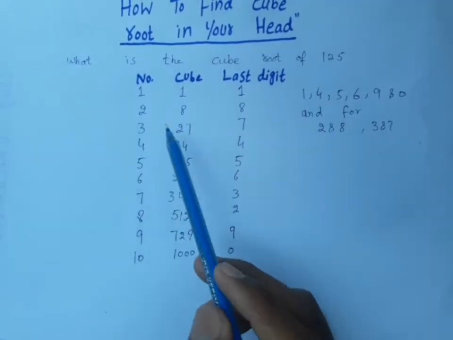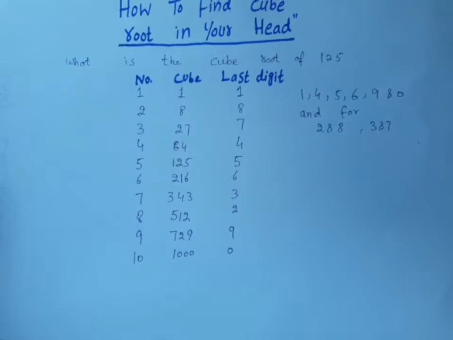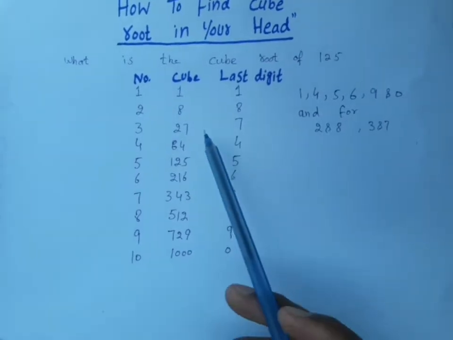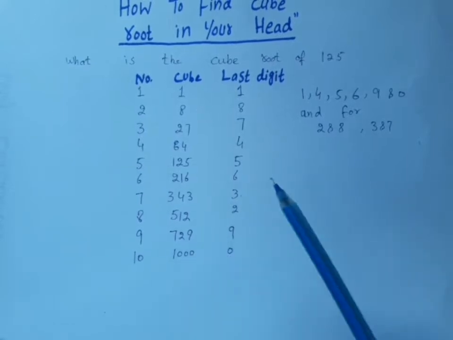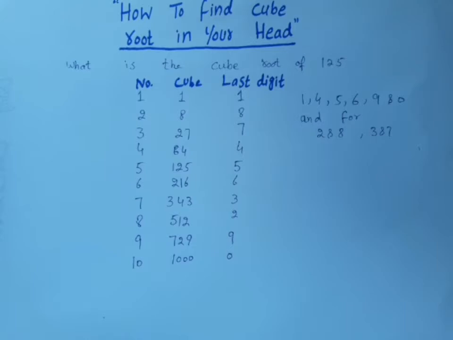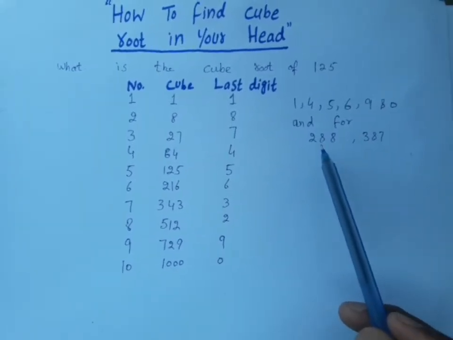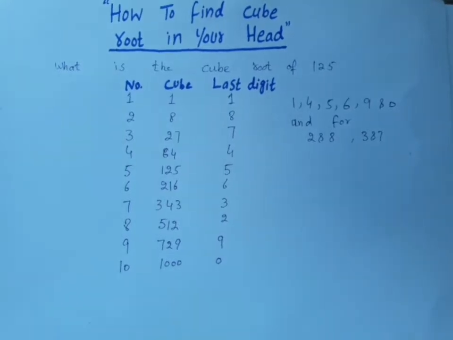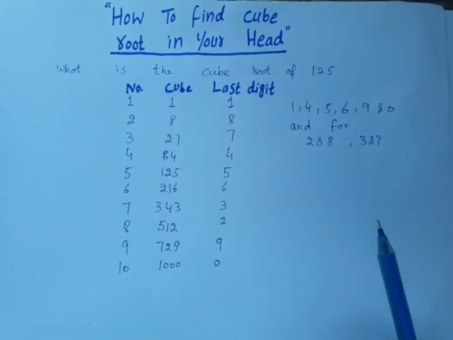Similarly, for 3 the last digit is 7, and for 7 the last digit is 3. It is important to remember these 10 cubes, but also remember the last digit.